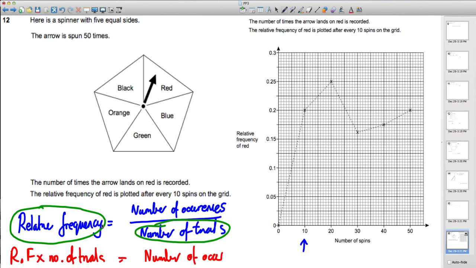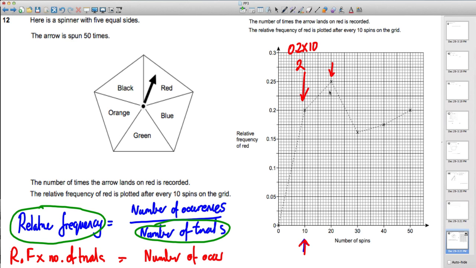Just rearranging this equation. Therefore, let's think what's happening here. After 10 trials, we have a relative frequency of 0.2. So the number of times we landed on red must be 0.2 times 10, which is 2. We must have had 2 reds.